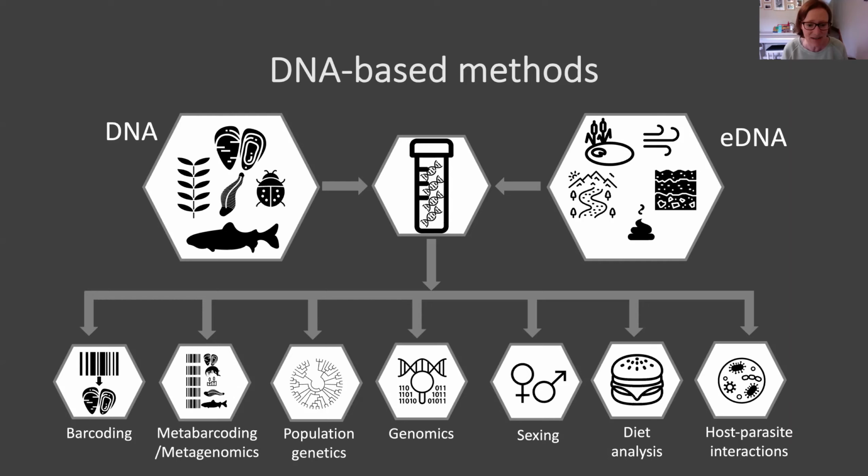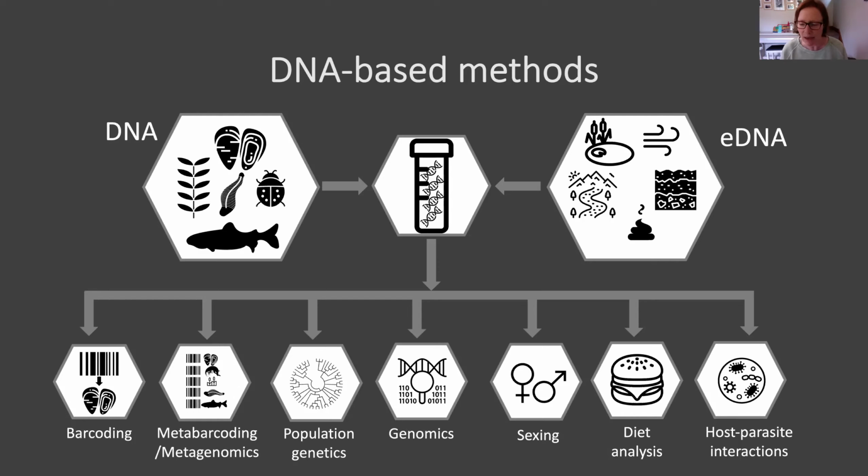So we can collect organisms directly, but it's also a great opportunity to collect DNA from the environment. So environmental DNA is where we collect samples from water or sediment or air or feces or something else in the environment that contains, for example, slough cells of skin or decaying matter from organisms. So we have those two distinctions.